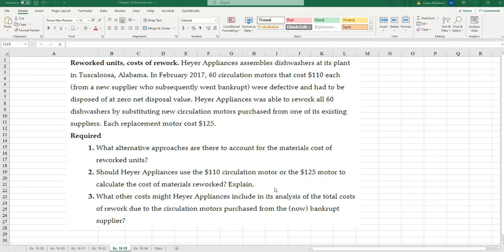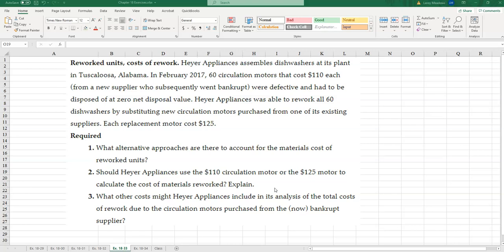What about the labor and any overhead that might be involved in substituting out those cheap $110 motors that were defective and now putting in that new motor? So any additional labor that we incurred up and above what we should have incurred, we definitely want to include those costs as well.